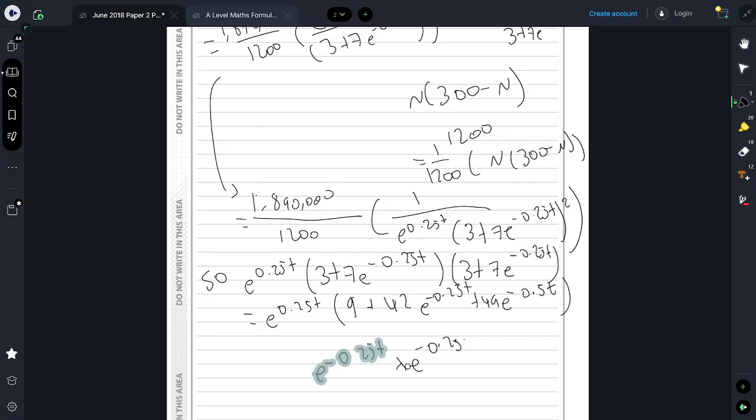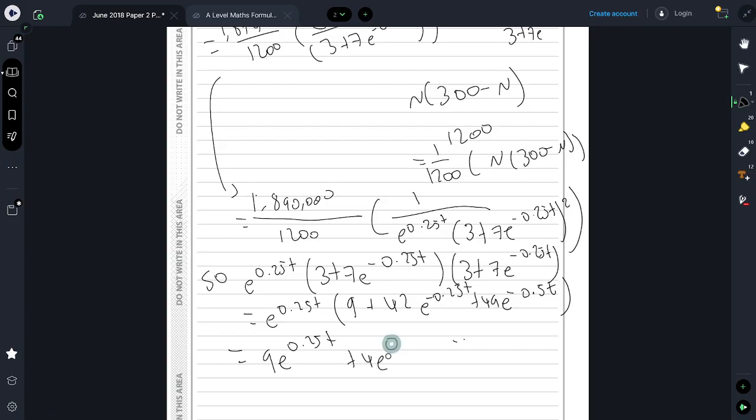Okay, now this is all times by e to the 0.25t, so we can just do that. So then that's going to be 9e to the 0.25t plus 42. Now these will cancel, right? Because if we times them with the same base, we add 0.25 with minus 0.25t. That will just be left with e to the 0, and that will be 1.